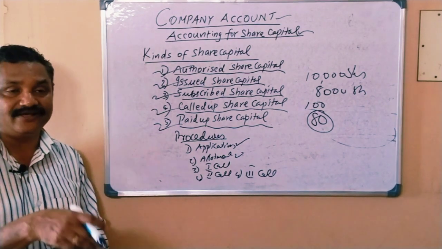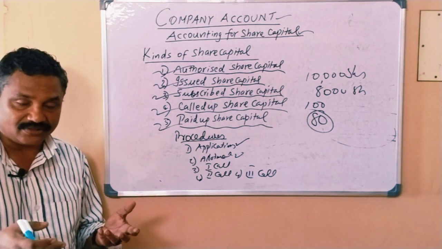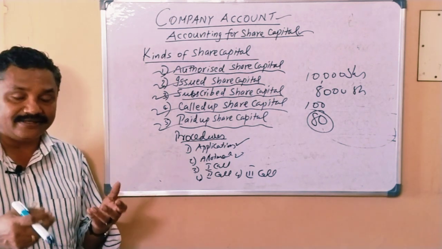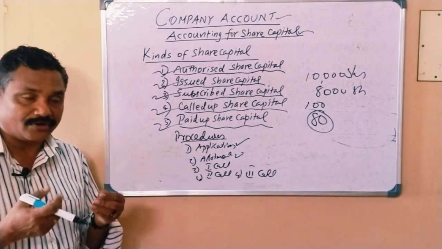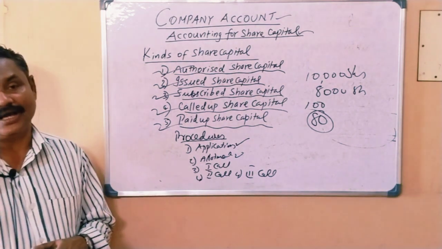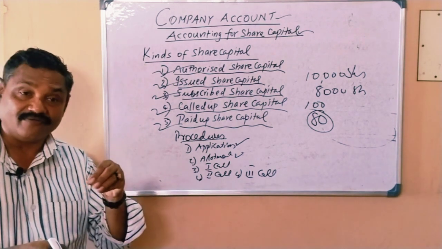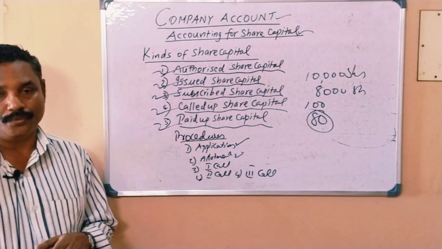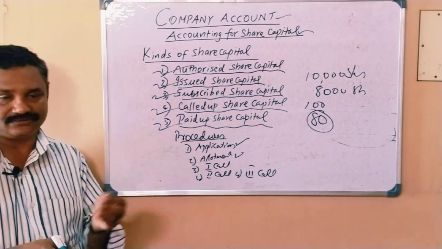Then second, allotment of shares. The company will allot shares to those who have applied, according to how many shares each shareholder has applied for. The company will give shares to shareholders according to their requirements.